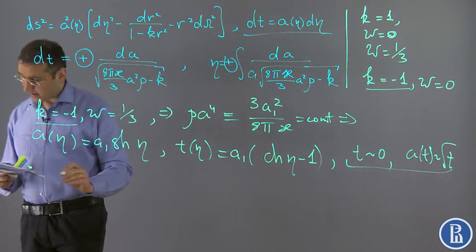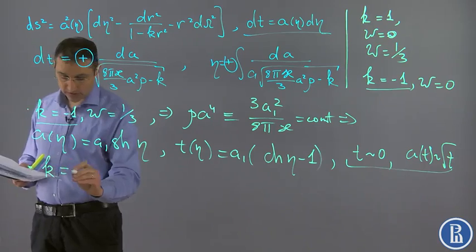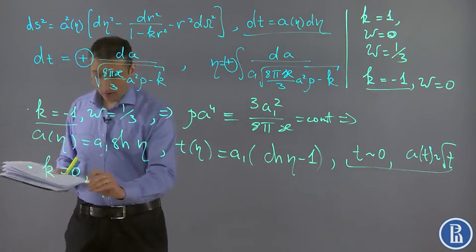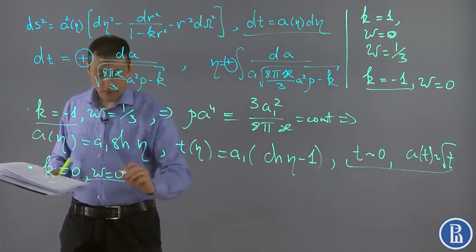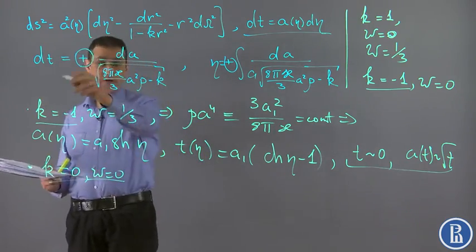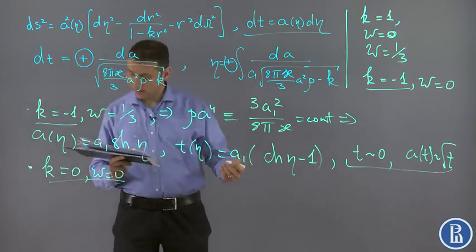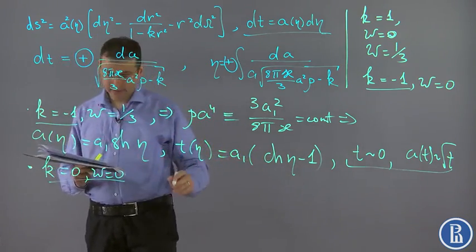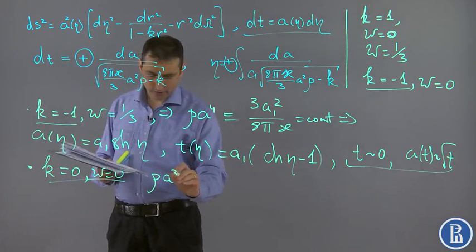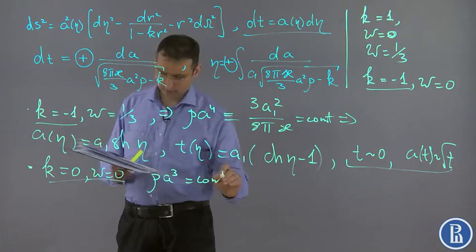Now, for the case when k equal to 0 and omega equal to 0, one can directly integrate this. As one can see, in this case, first of all, we encounter rho a cubed equal to constant.